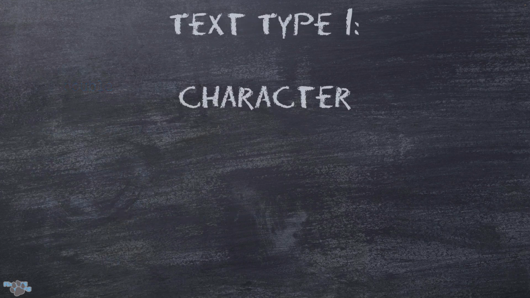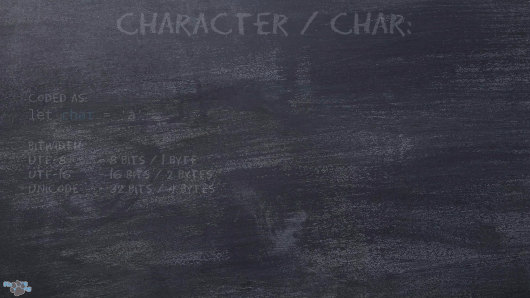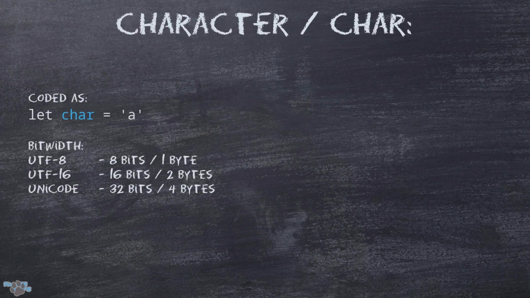Let's focus on text or character types now. First up, we have the character type, sometimes seen as char. This can store a single Unicode symbol. It has a bit width of 8 bits or 1 byte for UTF-8, 16 bits or 2 bytes if it uses UTF-16, or up to 32 bits or 4 bytes for full Unicode.